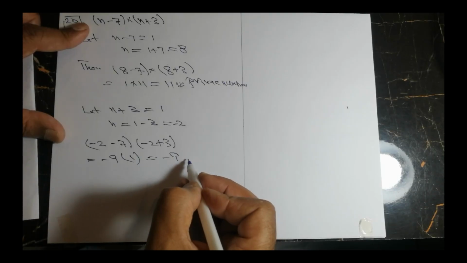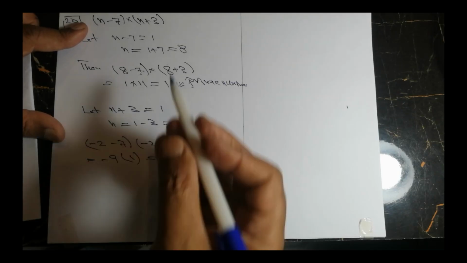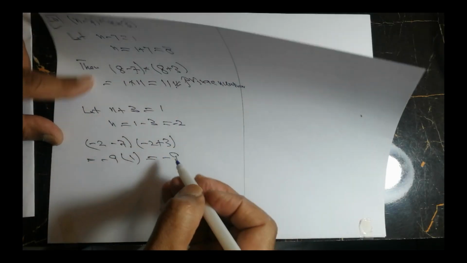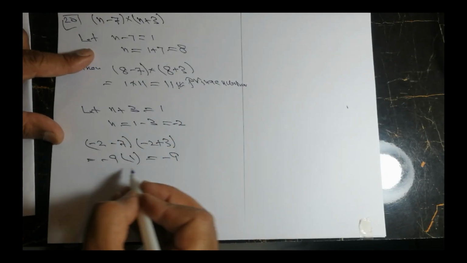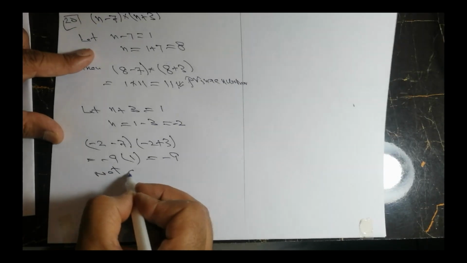So this is not our required result. The question is to find all the possible values, and the product should be a prime number. This was a prime number, but this is not a prime number.